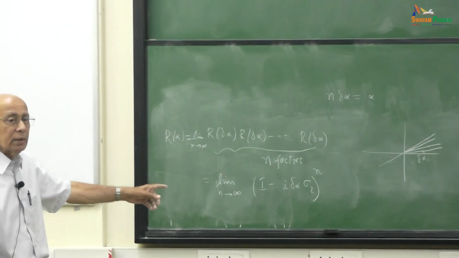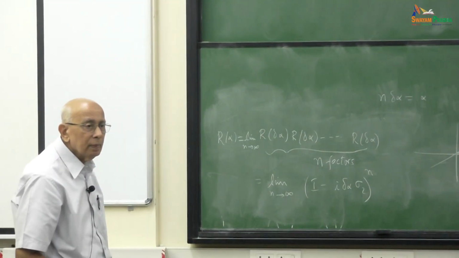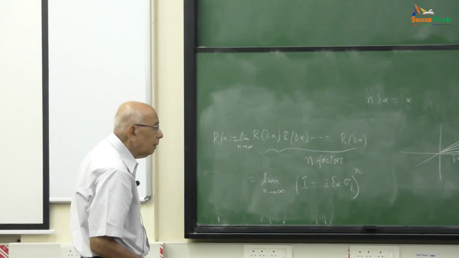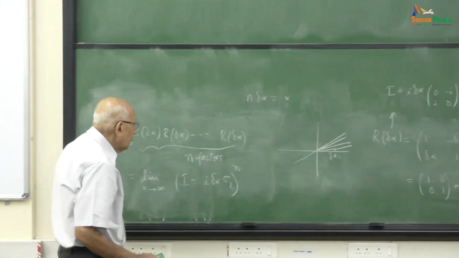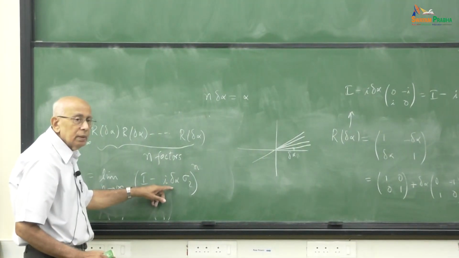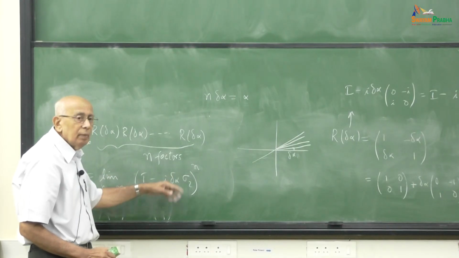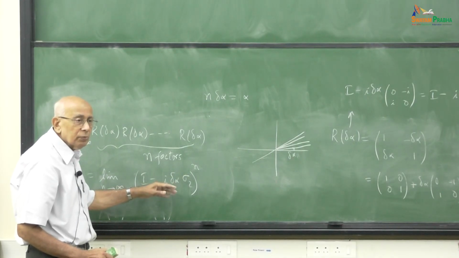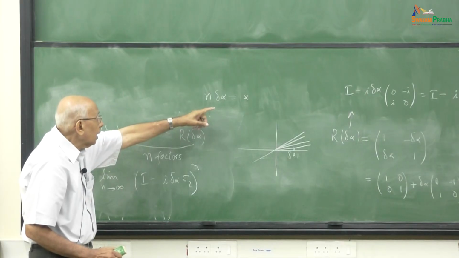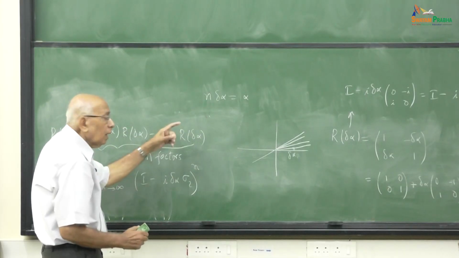What do I do next? There's a very small quantity here, and there's a very large quantity here. So I should take the limit such that the product of the two is finite. Since n delta alpha is alpha, delta alpha is alpha divided by n.